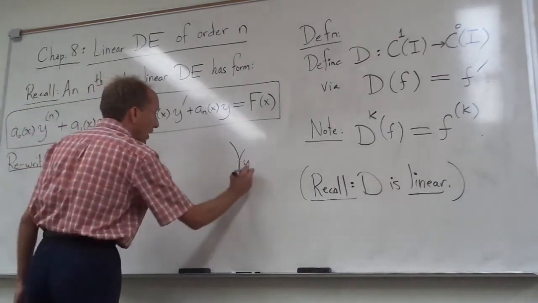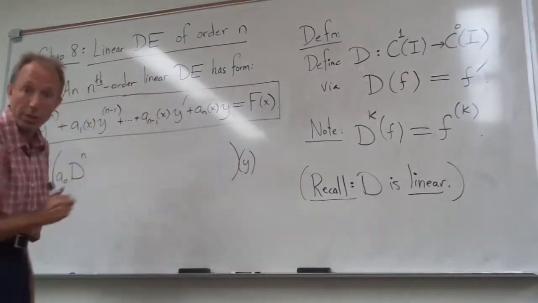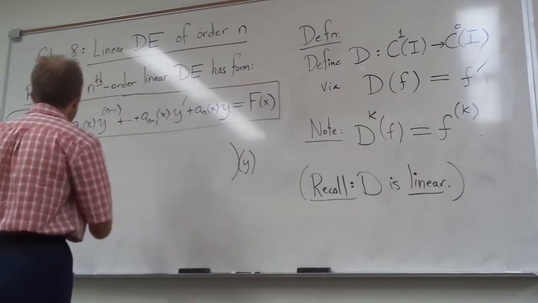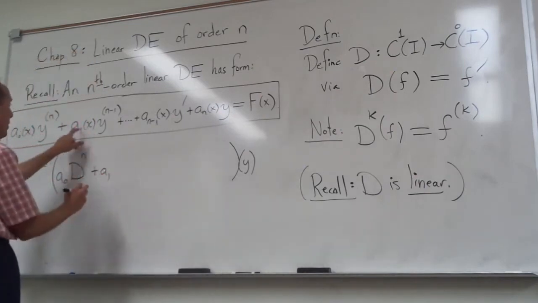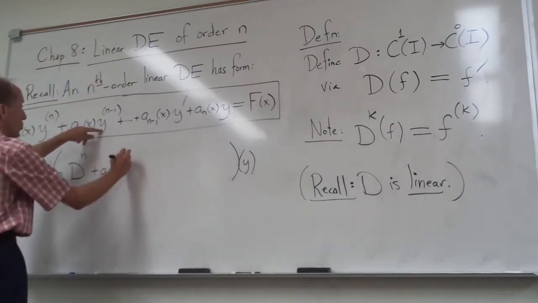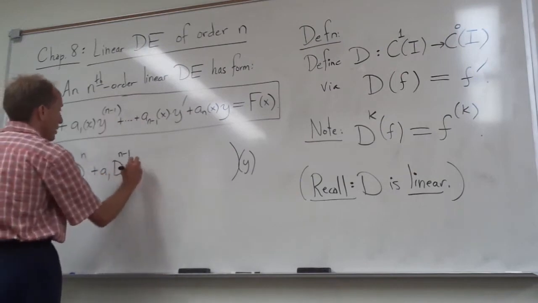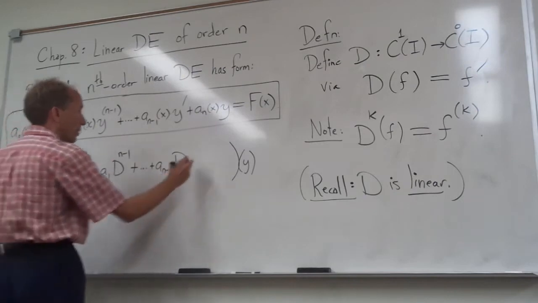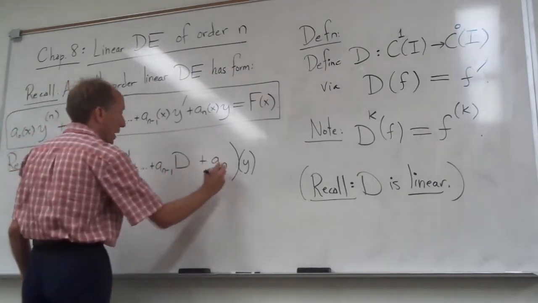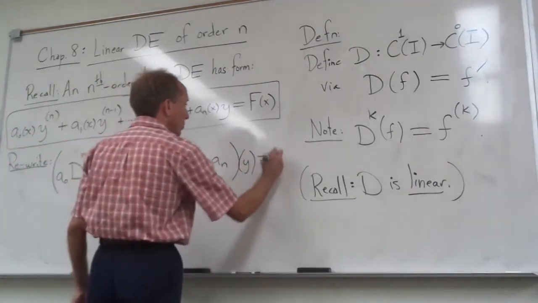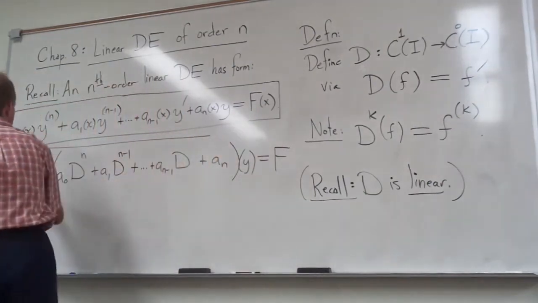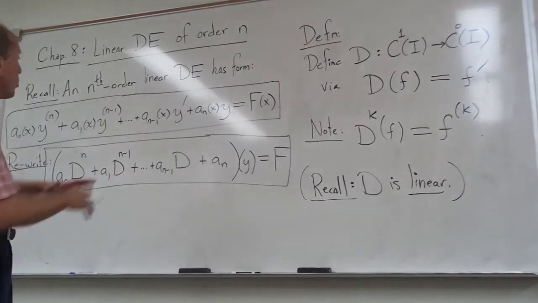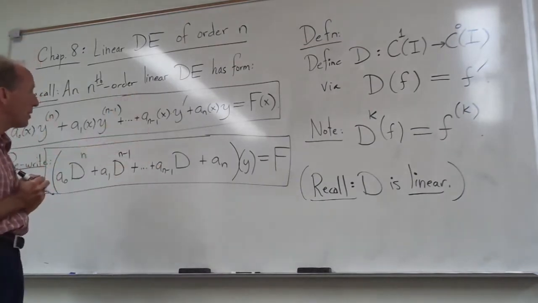I'm going to put the y way over here so that I can put some more terms in the middle. So this is a naught times n derivatives of y, plus a1 times n minus 1 derivatives of y, plus dot dot dot, plus a n minus 1 times 1 derivative of y, and then plus a n. And all of that is equal to capital F.